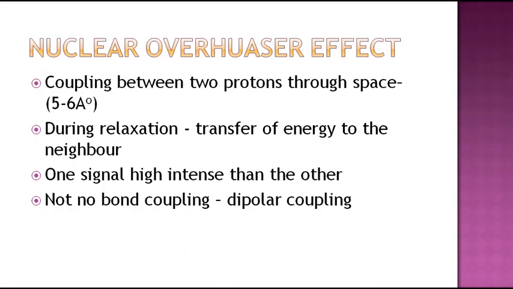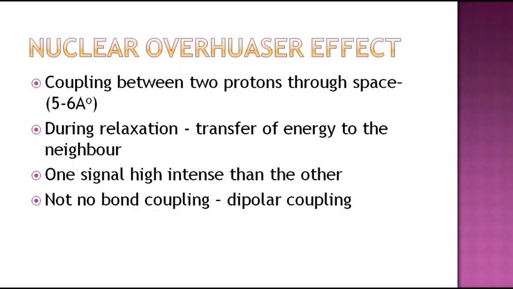This type of effect is called the nuclear Overhauser effect, and this coupling takes place through space. If the protons come in proximity of one another, around 5 to 6 Angstrom. If more than that, there is no coupling.